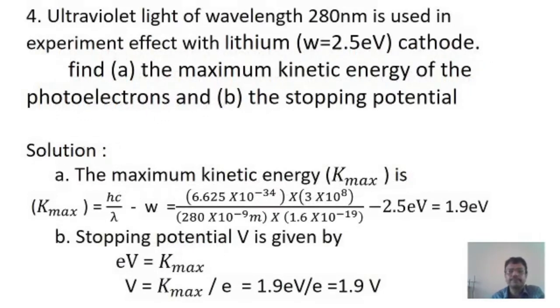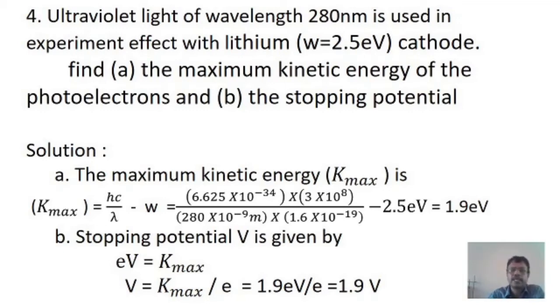Problem number 4: ultraviolet light of wavelength 280 nanometer is used in a photoelectric experiment with lithium of work function 2.5 electron volt. Find the maximum kinetic energy of photoelectrons and the stopping potential. Now, the maximum kinetic energy of photoelectron is equal to the energy of incident radiation minus the work function, according to Einstein's photoelectric equation.